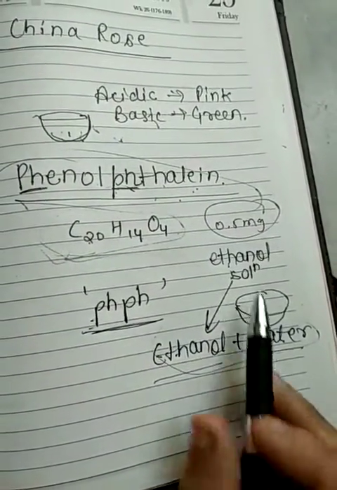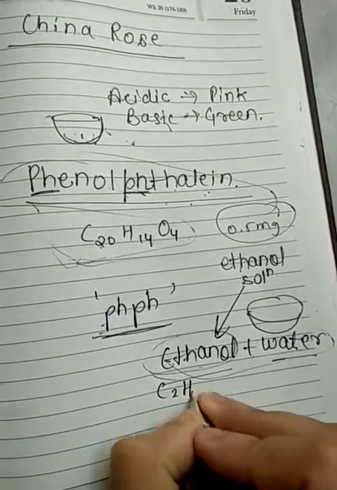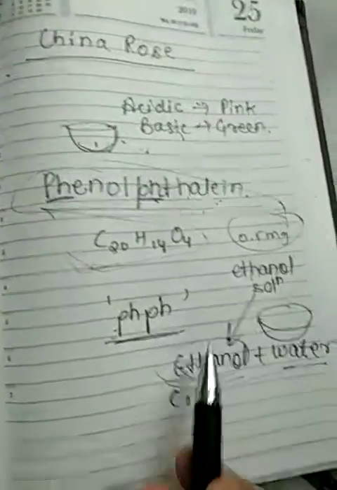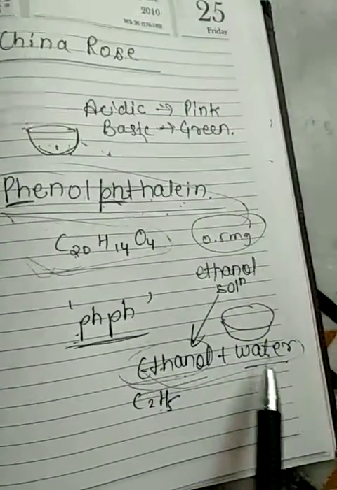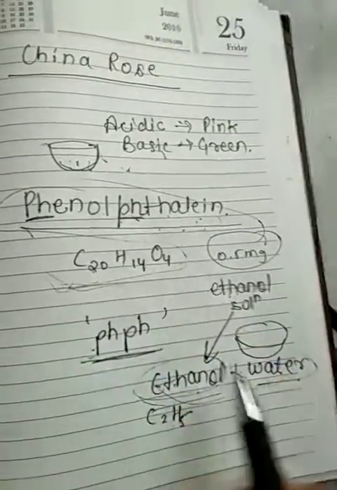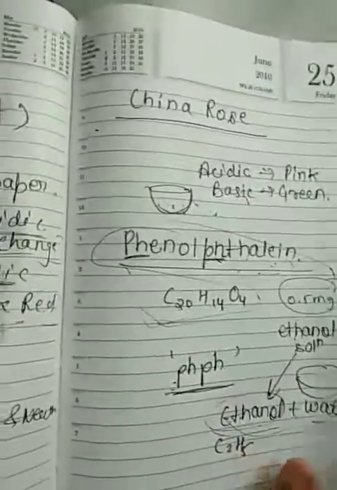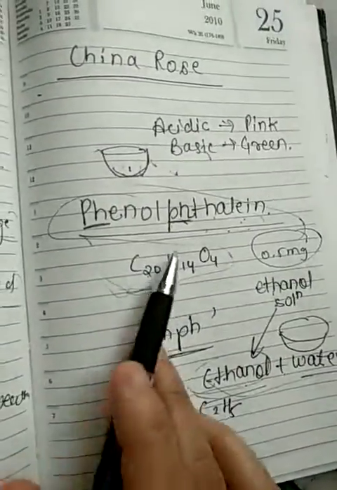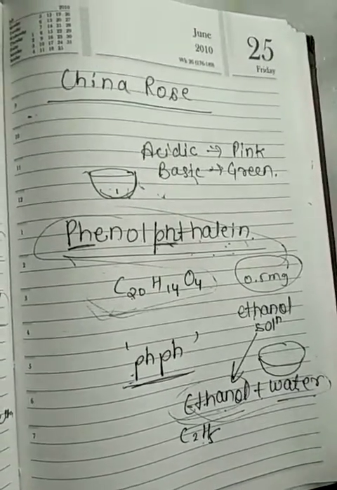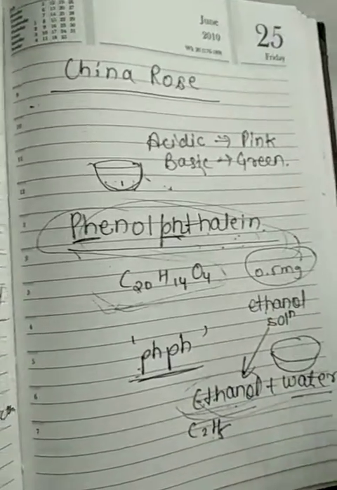Ethanol is an alcohol, C2H5OH. So you take the ethanol solution and add 0.5 gram of HPh, phenolphthalein powder. This mixes with water, and it is highly soluble in water, so you get a phenolphthalein solution which you use as an indicator.